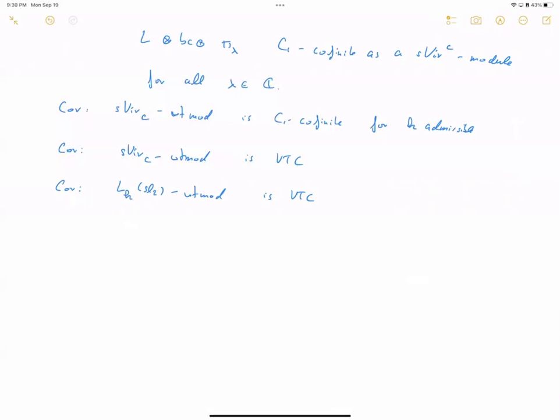So what do we do? We look for a duality to some other super VOA that has many more lower bounded modules. We prove C1 cofiniteness there, so that we get the vertex tensor category there, and then we hope that the duality is good enough, and we can prove it, that it also establishes the tensor category structure on the other side. And this is all, in this case, indeed true.